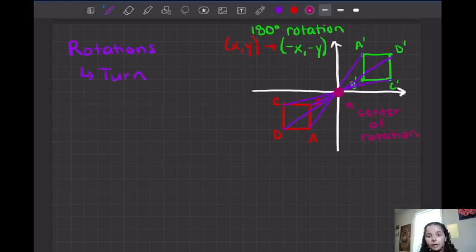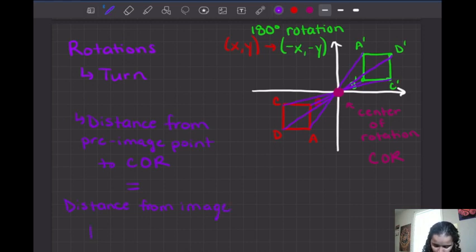So the relationship that exists here is that the distance from the pre-image point to the center of rotation, I'm going to call it COR for center of rotation, that is going to equal the distance from the image point to COR, okay?